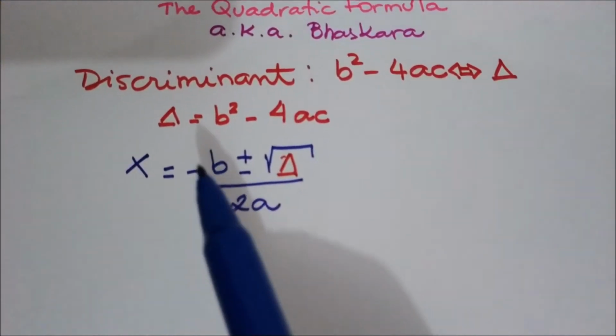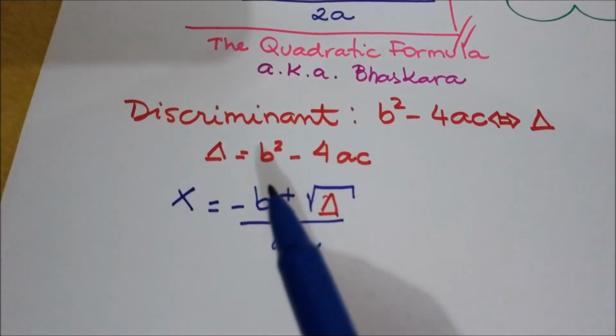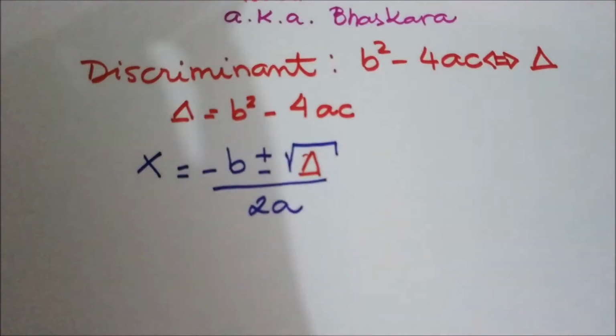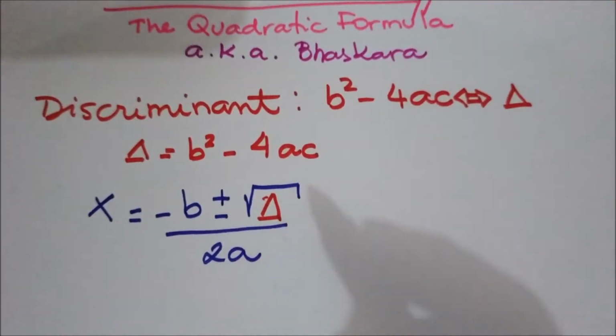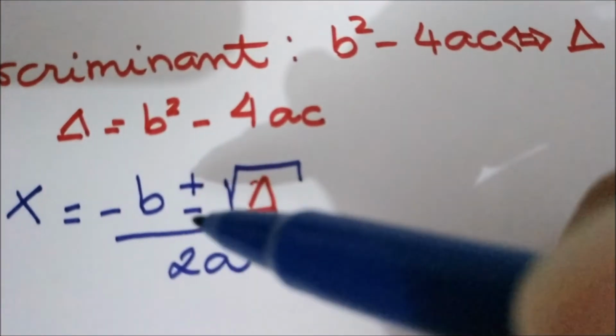Please notice that this is a lot similar to the x vertex, but it is not the x vertex. It's a different formula. Why is there a plus and a minus here?